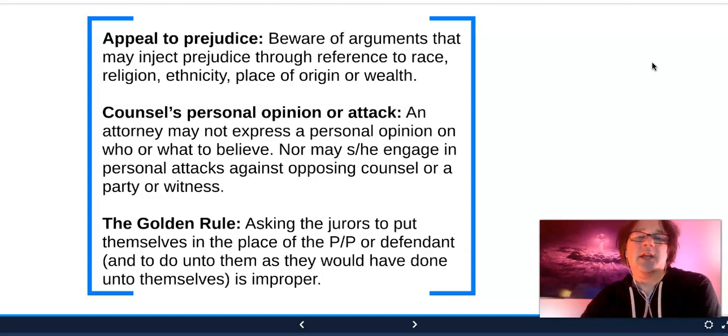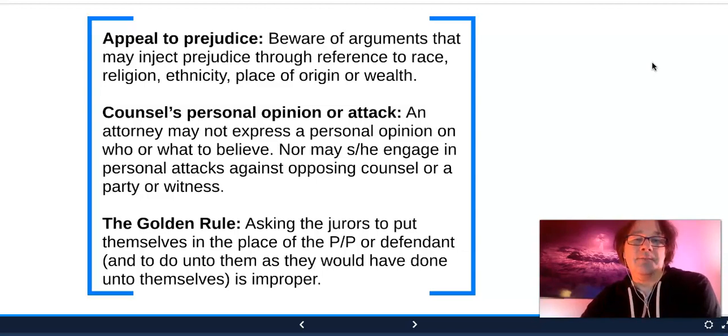An attorney may not express their personal opinion on who or what to believe. So it's not up to the defense attorney to say, I don't believe that witness, I don't believe that she's telling the truth, right? It's none of your business. You're just there to ask questions, and your witnesses are there to answer those questions. Keep your opinions to yourself.